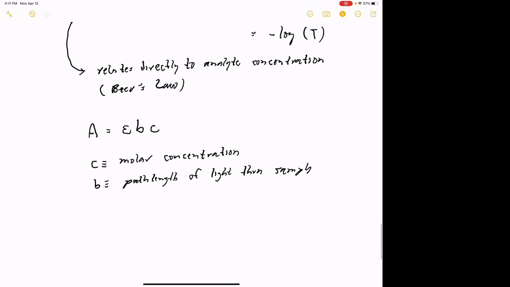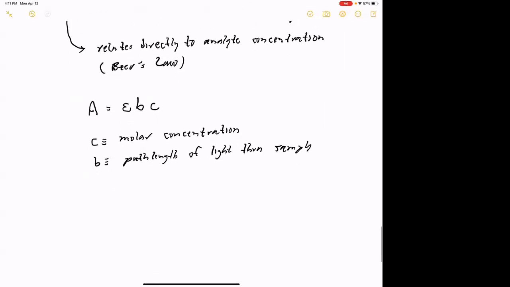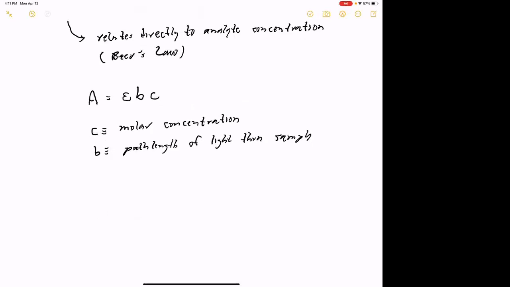So you can imagine it this way. If I've got the actual sample as a liquid in some sort of a sample holder, like a test tube, and I'm passing light through it, so got light coming in at an intensity I and it's coming out at an intensity I naught. Okay.